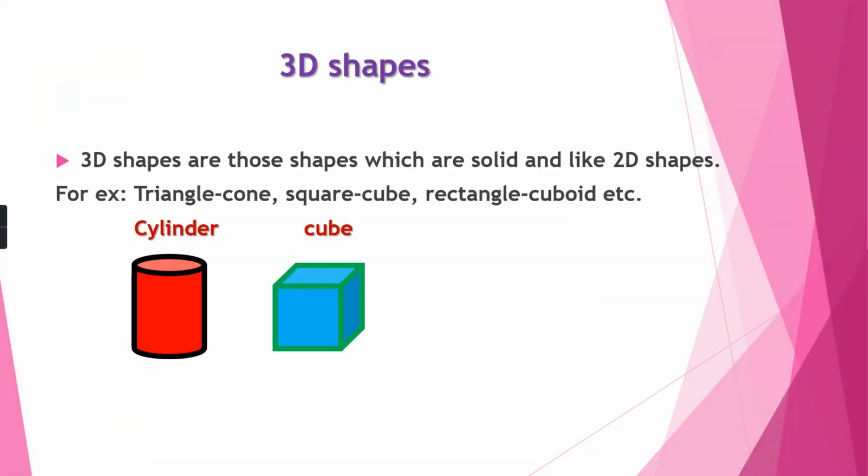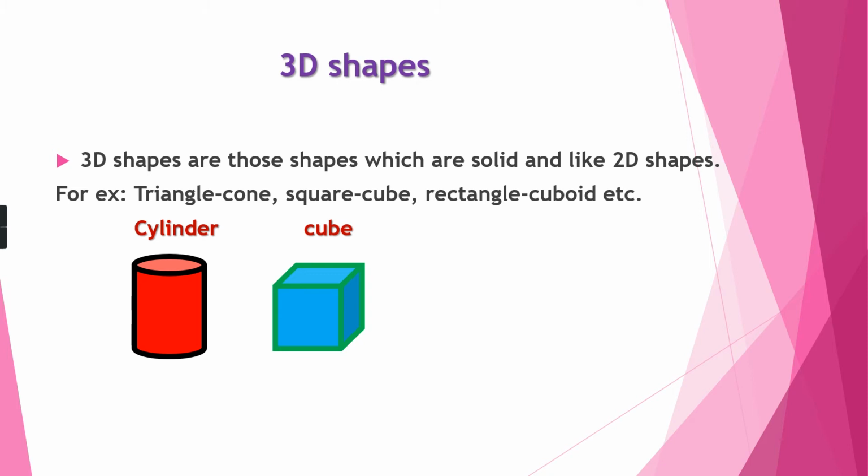Now let us learn about 3D shapes. What are 3D shapes? Well, three-dimensional shapes are those shapes which are solid and have thickness, but they are built on the idea of 2D shapes. Don't understand? Okay, let me tell you with an example.